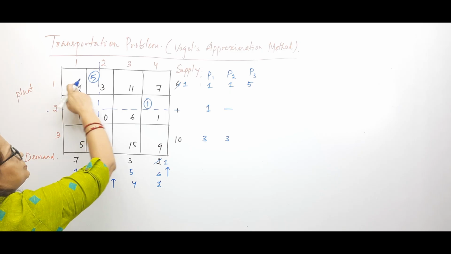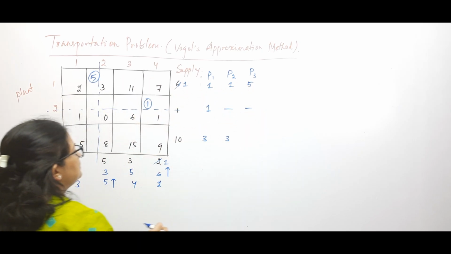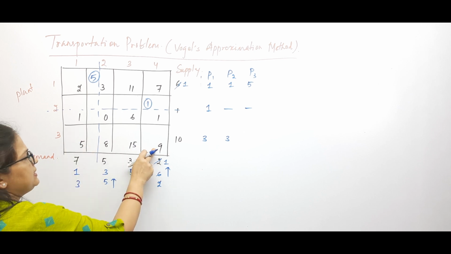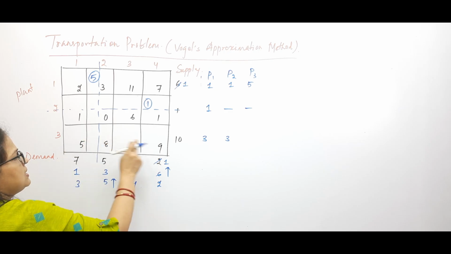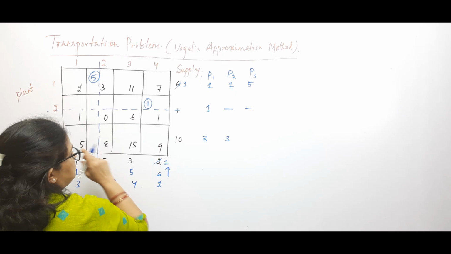So 7 minus 2 is 5. Here there is no requirement. Here 5, 15 and 9 are there. 5 is the least cost and the next least is 9. So 9 minus 5 is 4.